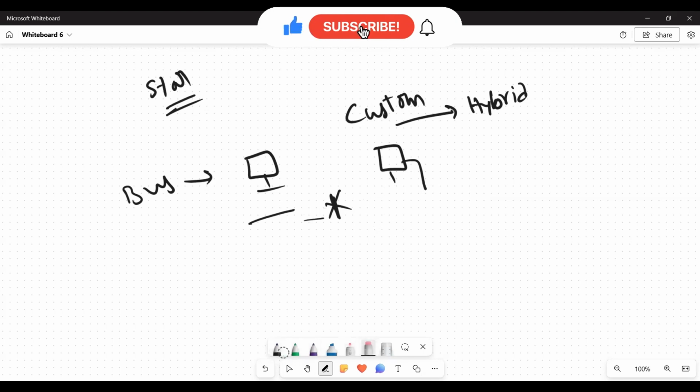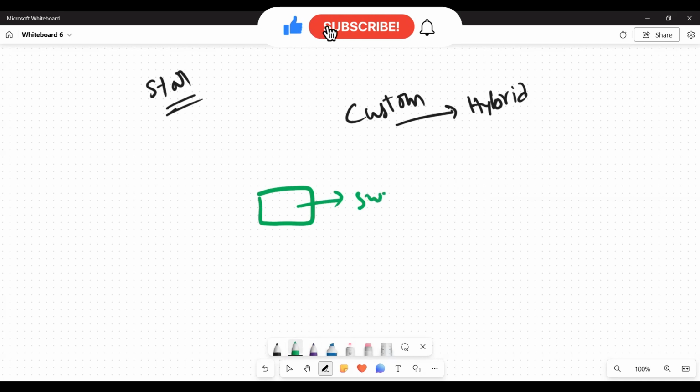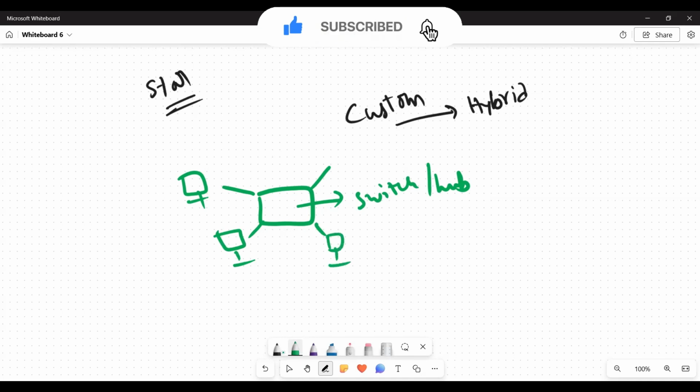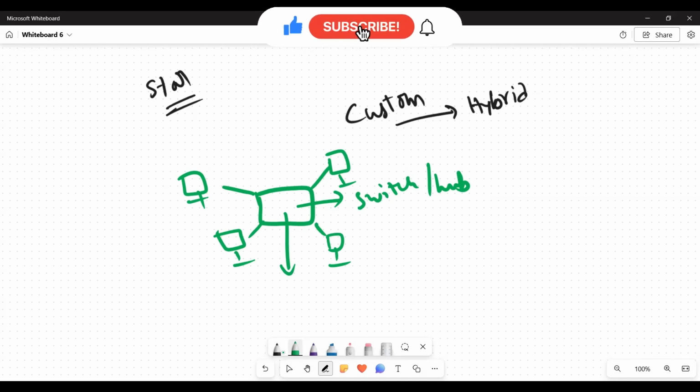As well as in star topology, we have taken a central device, either a switch or hub. It is connected with four devices. These four devices have been connected to each other using this centralized device, switch or hub. Whenever this switch or hub has trouble or an issue, then the whole network of this switch or hub will be down.